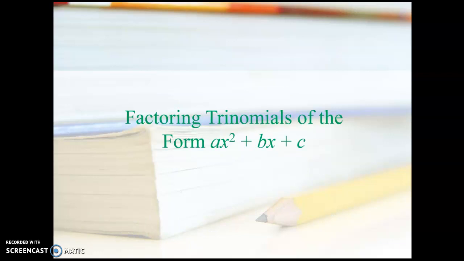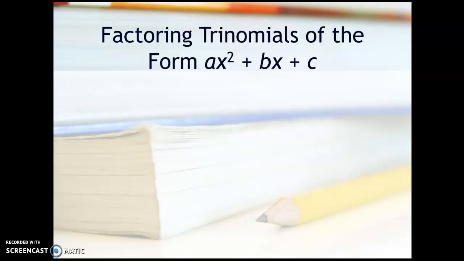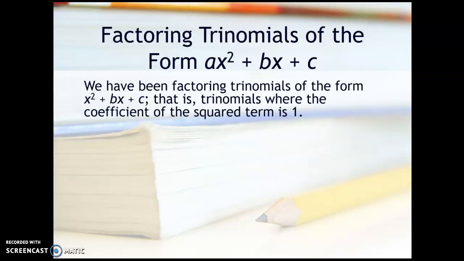So what about when we have a number in front of the x squared other than a 1? These are a little trickier, but still can be done by trial and error, especially when the number out in front maybe only has one pair of factors. Like if that's a 3 out in front, well, there are only two numbers that multiply together that equal 3, and they're 1 and 3.